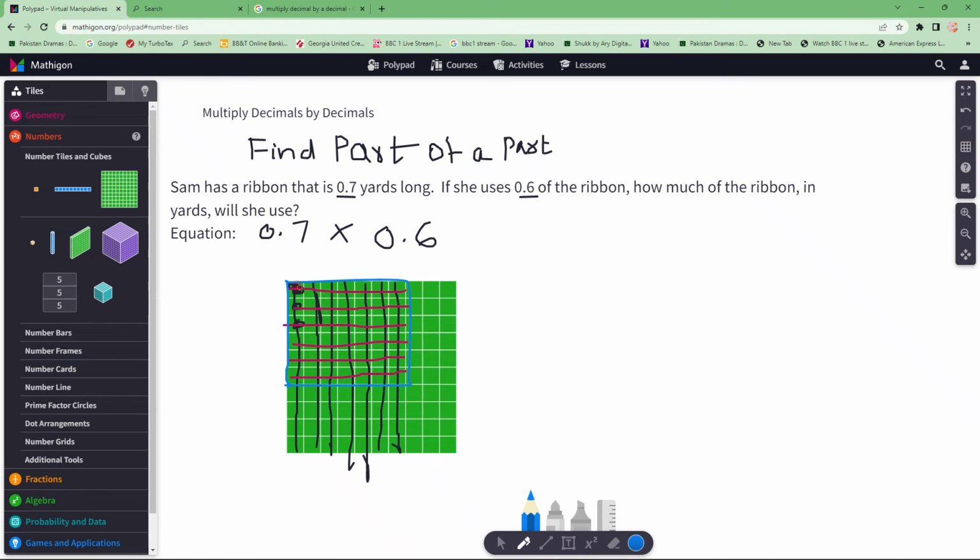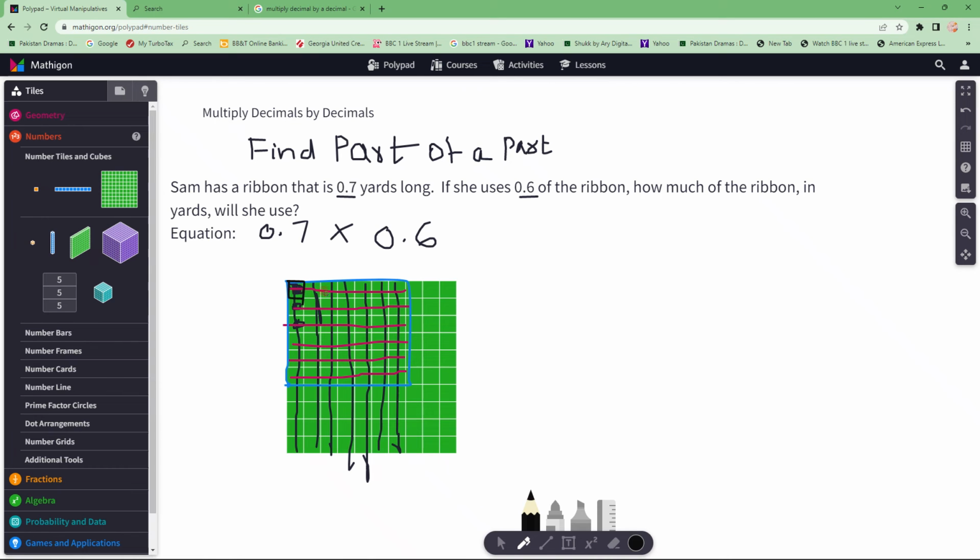And when I count, each little square is a hundredth, right? Let me use another color. So I'm trying to find the area that is shaded with both colors. So when I look here, each block is 1/100, right? So I'm going to count here how many hundredths I have.